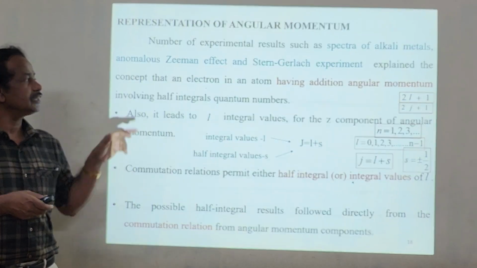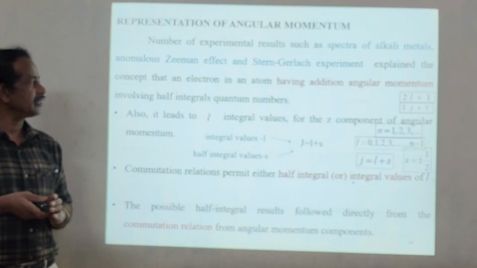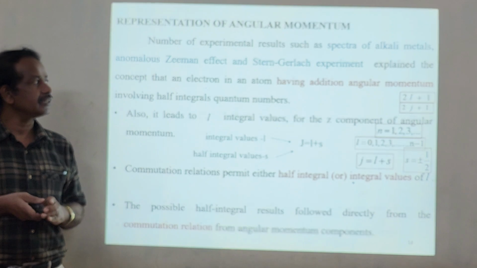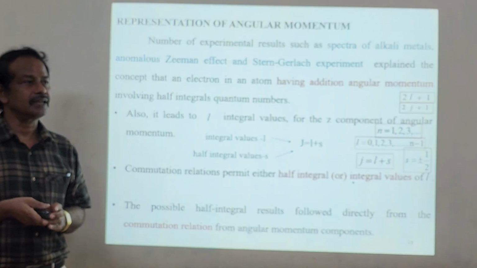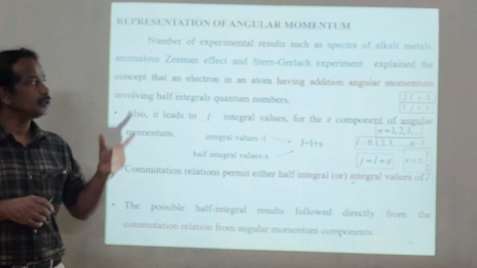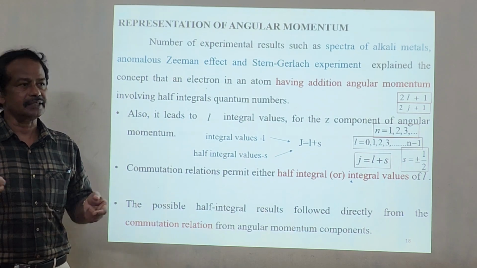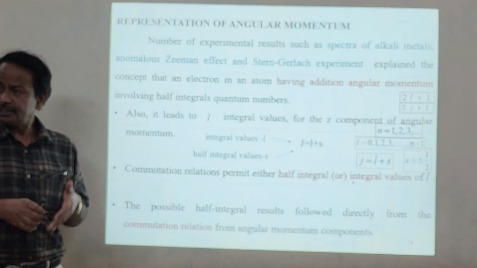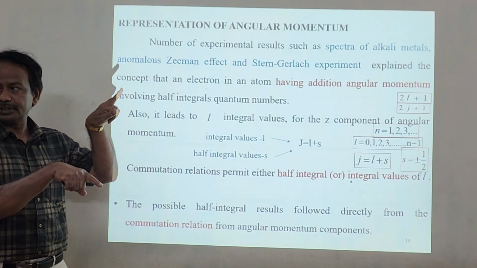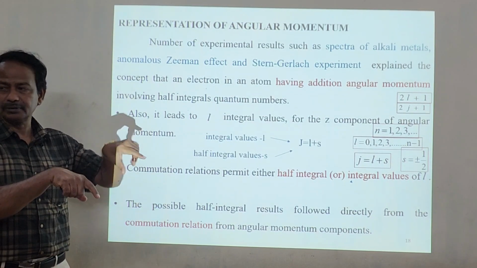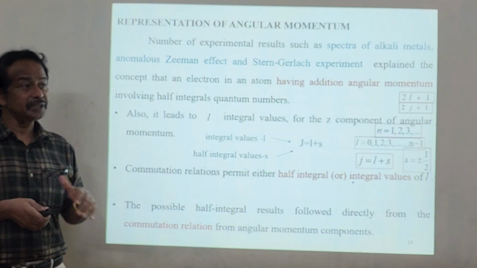That spectra shows that some additional angular momenta exist, which shows half integral quantum numbers. Especially after the invention of the spin in 1922 by the Stern-Gerlach experiment, when silver atoms pass through a non-uniform magnetic field, there will be 2 spots, plus and minus 1, spin up and spin down. That was the origin of the spin concept.